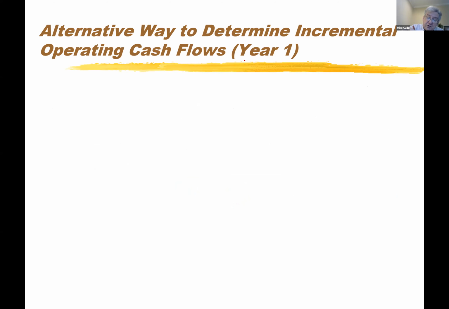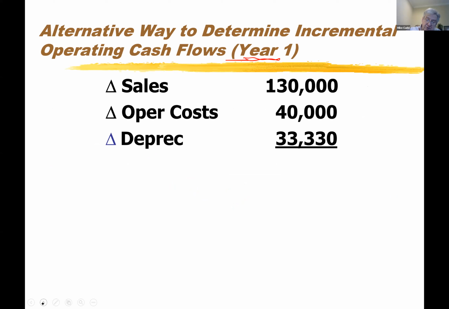Now, this would be for the first year, year one. With an income statement, you start with sales. We expect the project to generate another $130,000 in sales, incur $40,000 in operating costs and incur depreciation expense of $33,330.